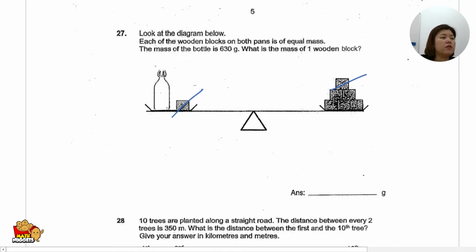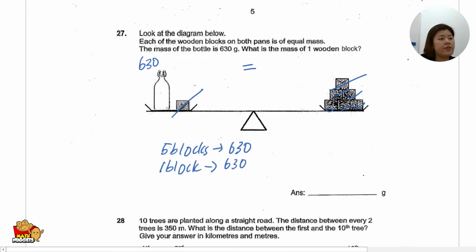So my bottle, which is 630, is equal to 5 of them. So 5 blocks is 630. 1 block is 630 divided by 5. You have 126.